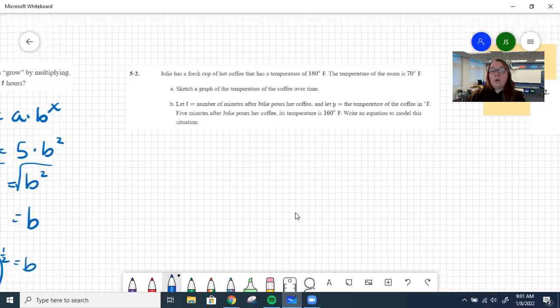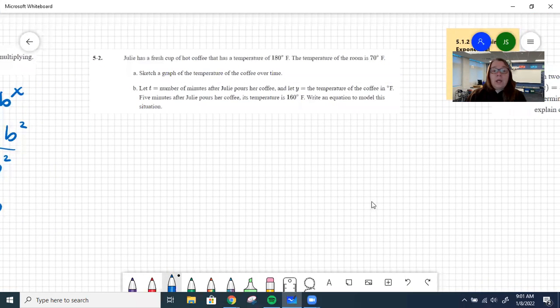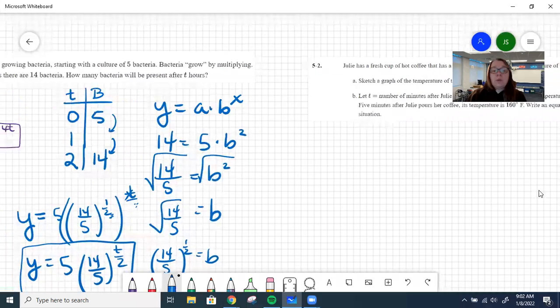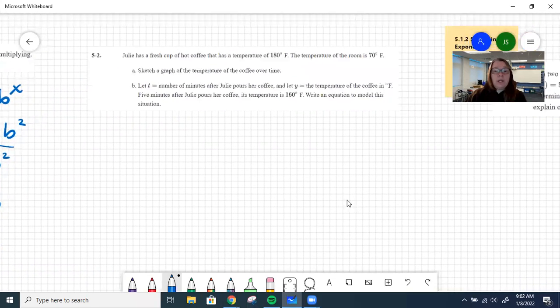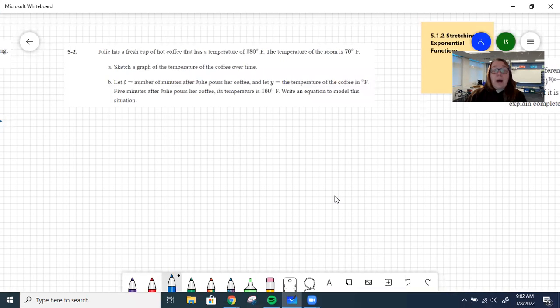All right, one more here. Julie has a fresh cup of coffee. All the ones we've talked about so far haven't had any sort of shift in them. So now we're going to see one with a shift. Julie has a fresh cup of hot coffee that has a temperature of 180 degrees. The temperature of the room is 70 degrees. Sketch a graph of the temperature of the coffee over time, and let T equal the minutes and Y equal the temperature.